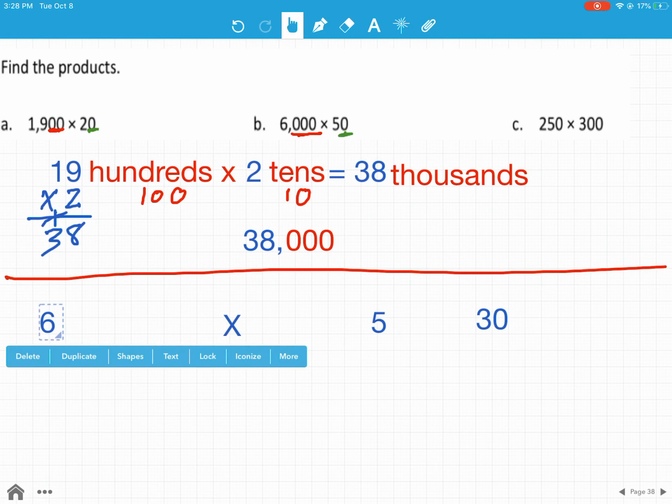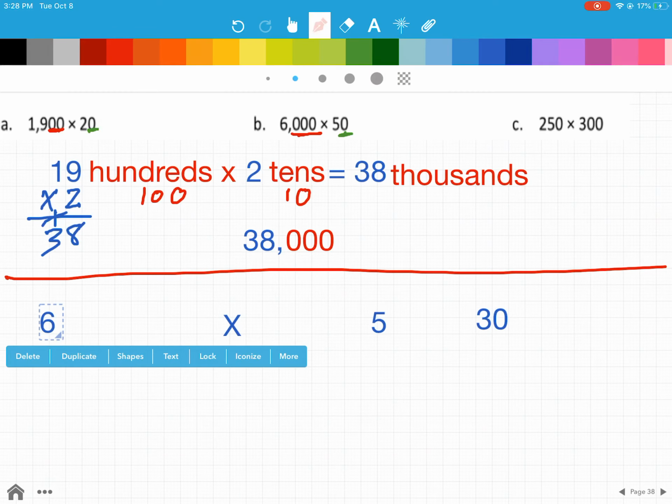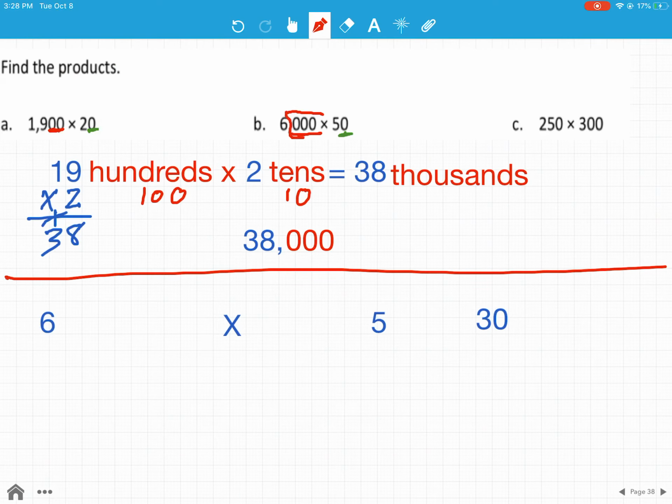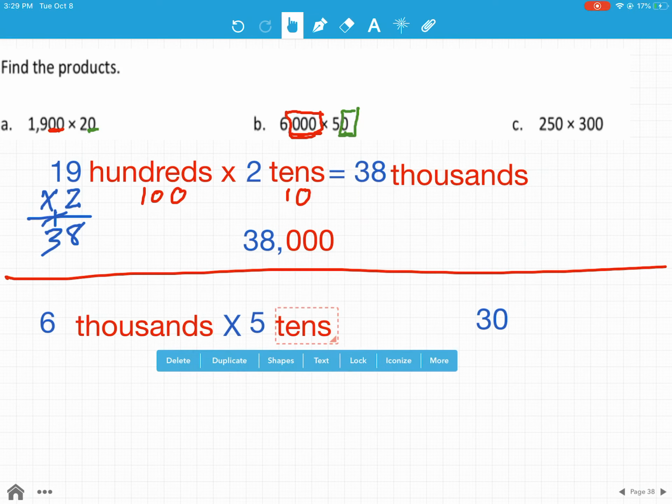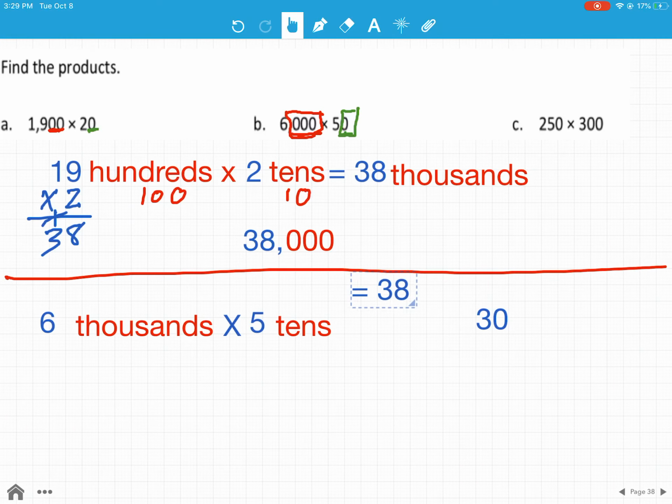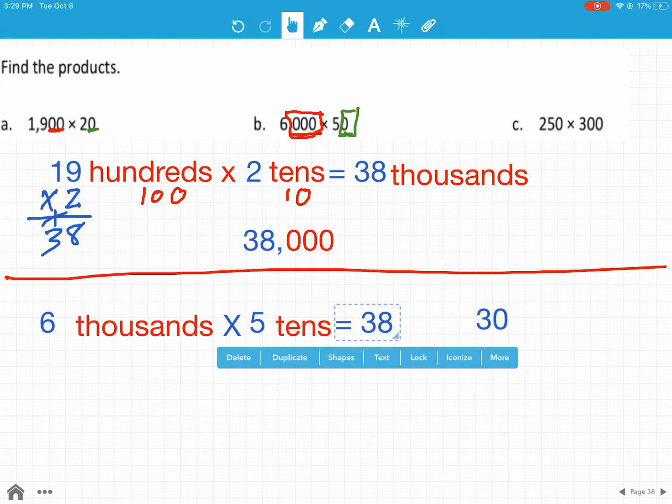Alright, so we do have 3 zeros here, and hopefully you see that that means it's 1,000. And this one here only has 1 zero, and hopefully you see that that is tens. Oops, let me get that out.